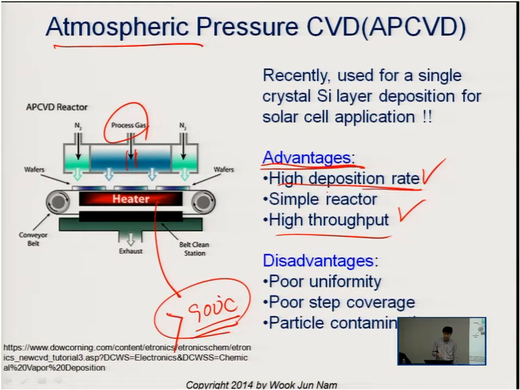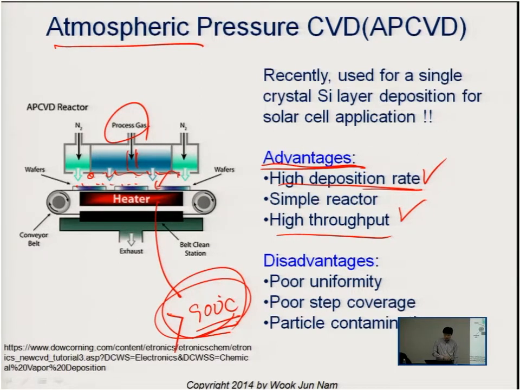As the film on the chamber wall gets very thick, it gets stressed and generates particles, which can fall on your samples and contaminate them. So it has a particle contamination problem, and the uniformity has a problem.